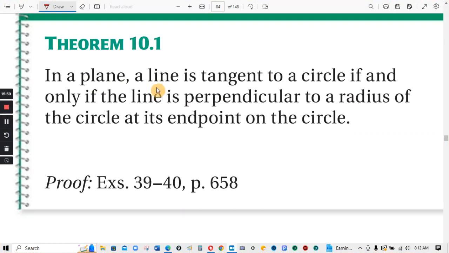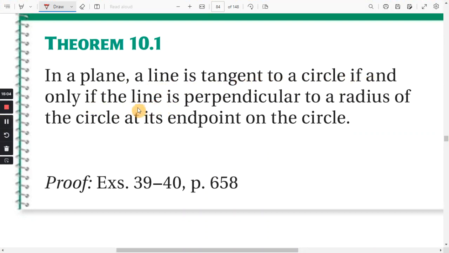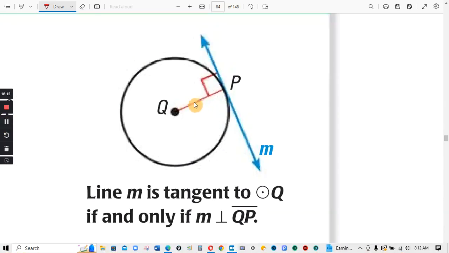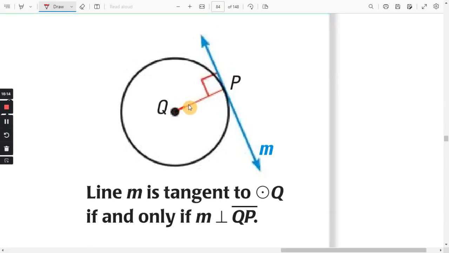In a plane, a line is tangent to a circle if and only if the line is perpendicular to a radius of the circle at its endpoint on the circle. All right, so this red segment here is the radius, okay? That's a radius. And this tangent line at the endpoint of the radius is where it intersects, okay?